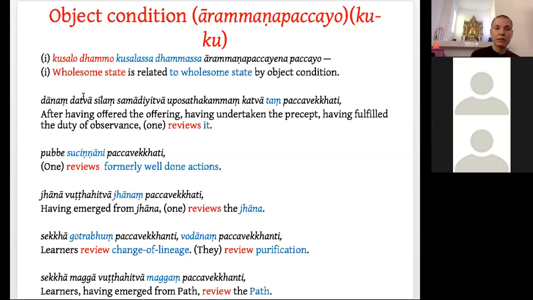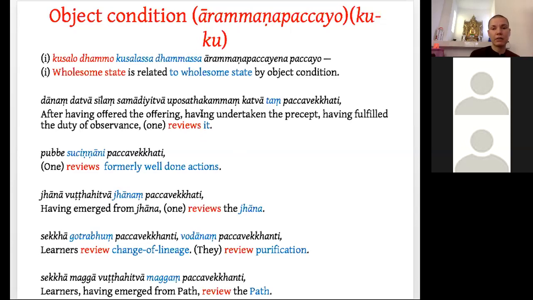So the first one, after having offered an offering, dānaṃ datvā, sīlaṃ samādiyitvā, having undertaken the precepts, uposathakammaṃ. It's a funny translation. I took this translation from Venerable Narada, the Mula Patthana Sayadaw. I don't know if you know what uposatha is, but I think probably you know. Four times a month there is a day that is called uposatha, on the full moon, new moon, and the 8th day between them.